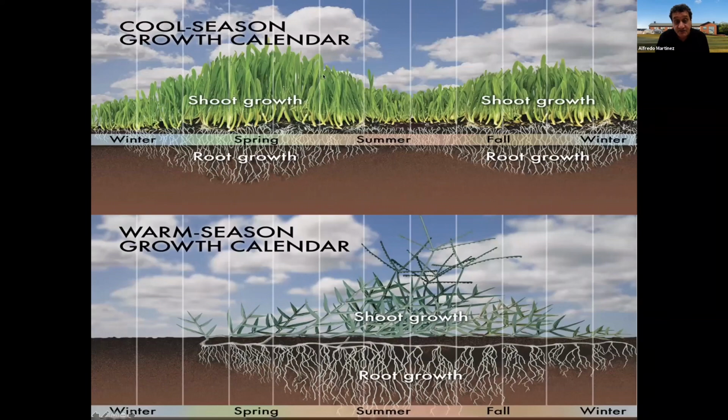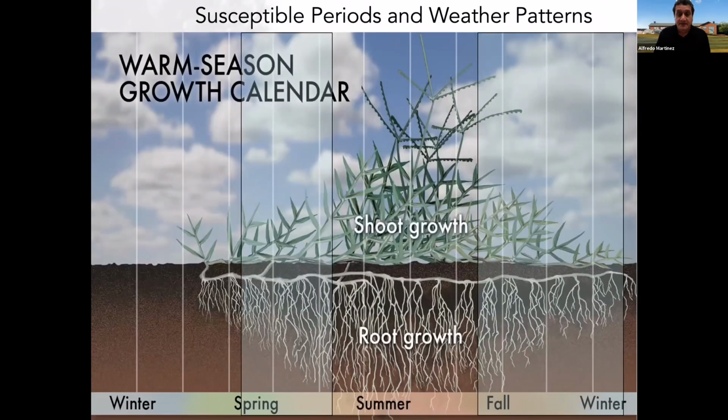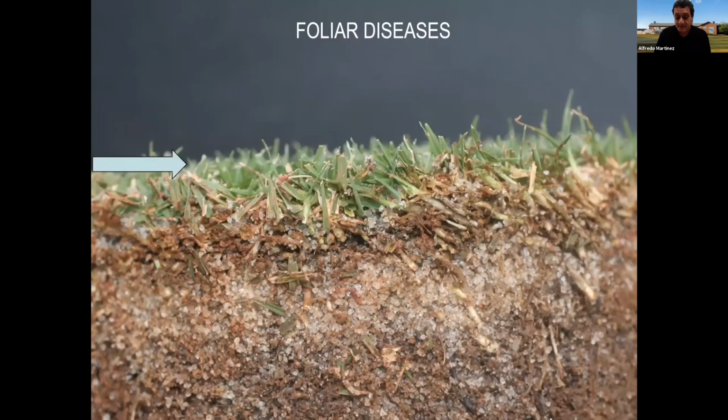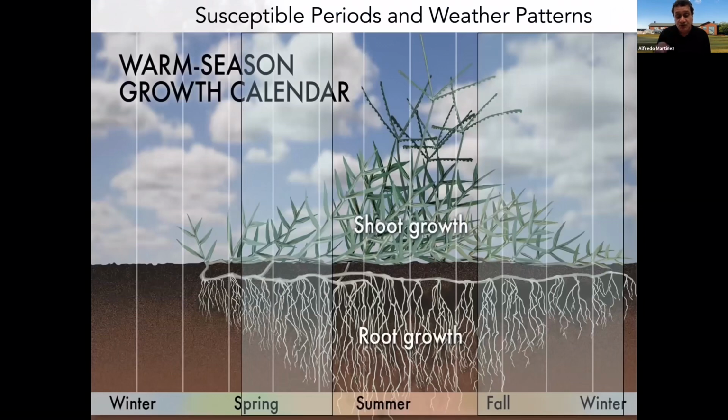And if you're managing tall fescue or bent grass, this is the time, if you don't want to pull your hair out, to do the prevention for cool season grasses. So again, what I wanted to show here is that timing is everything, and spring and fall are very important for disease management and control.